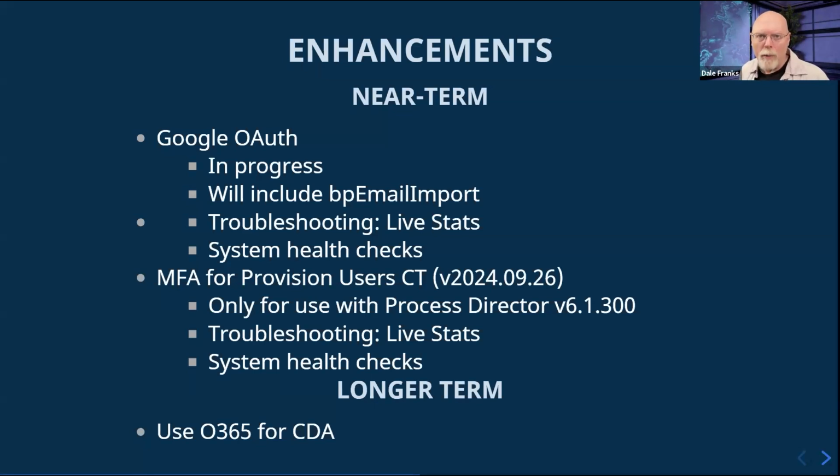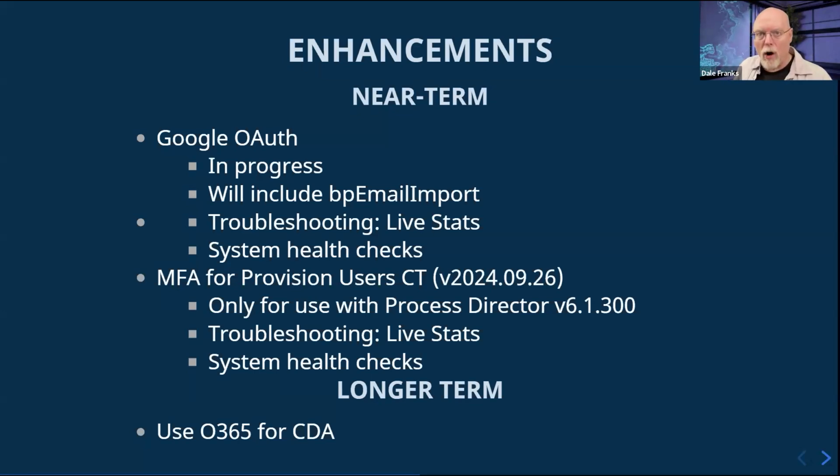As you may know, we've updated Process Director to use the Microsoft Modern Authentication, which is Microsoft's version of the OAuth standard for authenticating to Azure resources, so that we can do SMTP email via Office 365 using Microsoft's Modern Authentication. Now, we do have at least one customer that does everything exclusively via Google.